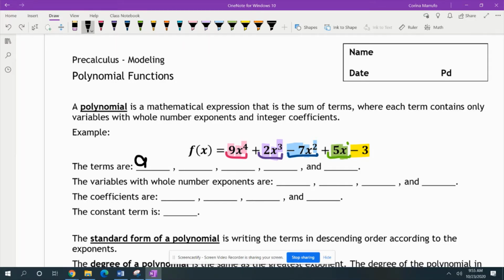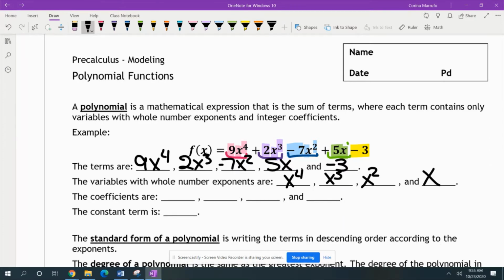All right, so I'm going to go ahead and write up all the terms. So 9x to the fourth power, 2x to the third power, negative 7x squared, 5x, and negative 3. So the variables with whole number exponents are x to the fourth power, x cubed, x squared, and x.